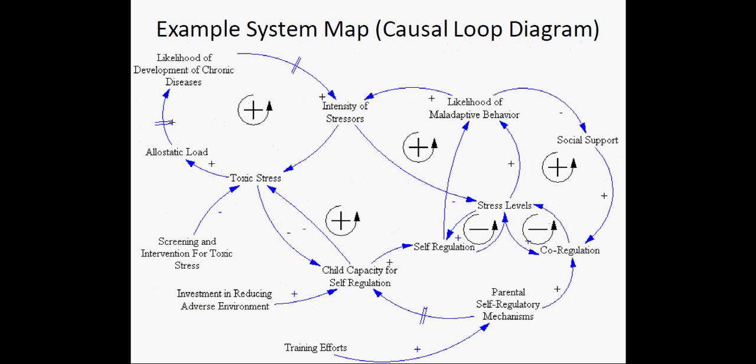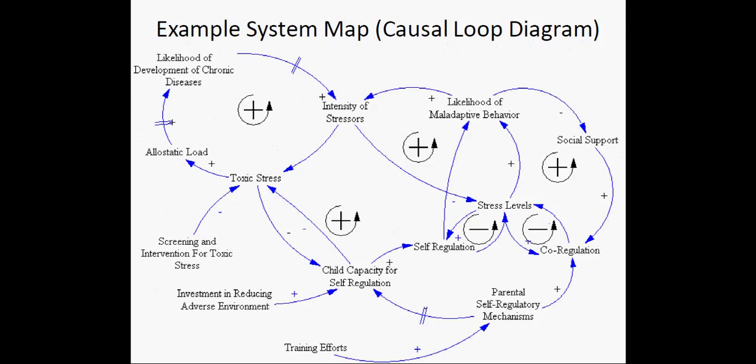Now, in system dynamics, we make heavy use of what are called causal loop diagrams. These causal loop diagrams are designed to depict the causal relationships between a set of variables, where the relationship between variable A and variable B, the causal dependence of one variable on another, can be indicated by an arrow.